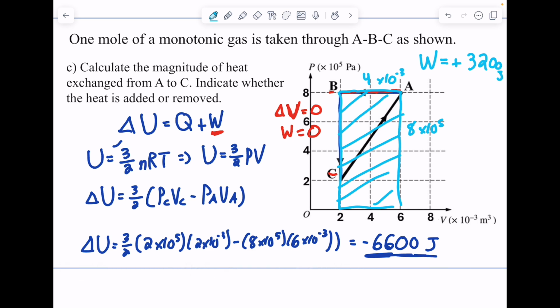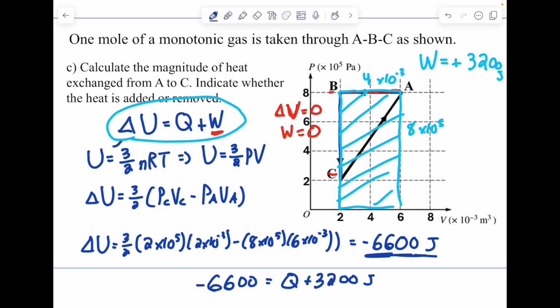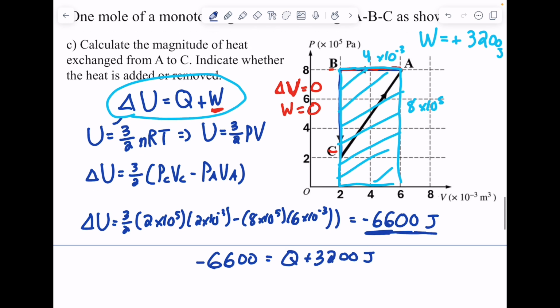So coming back to the first law, I have delta U, which is negative 6,600, equals Q, plus 3,200 joules. That means in this process, Q is going to be negative 9,800 joules, which is heat removed.